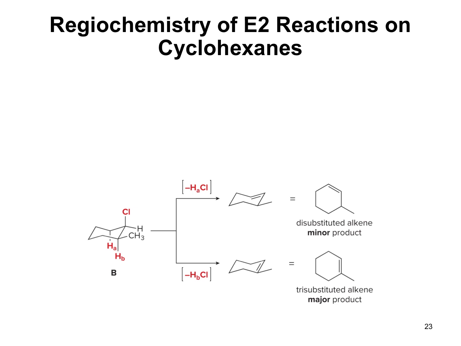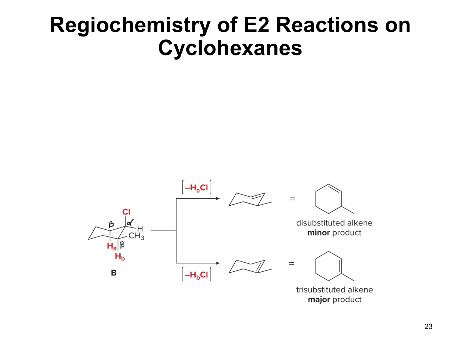Now, conformation B has two different axial beta hydrogens, labeled HA and HB, right? So remember, this is the alpha, there's the beta, and there's the beta. And so we have two different ones here and here. The E2 reaction occurs in two different directions.